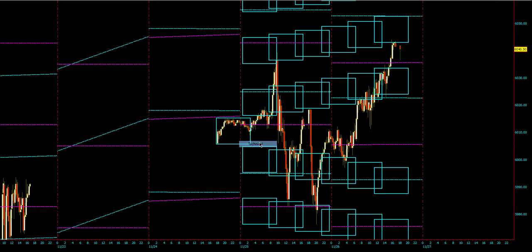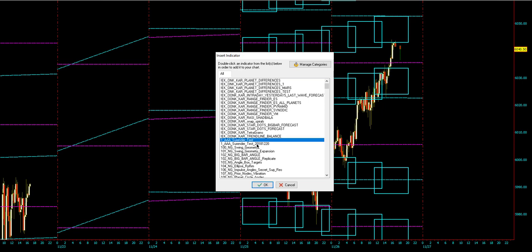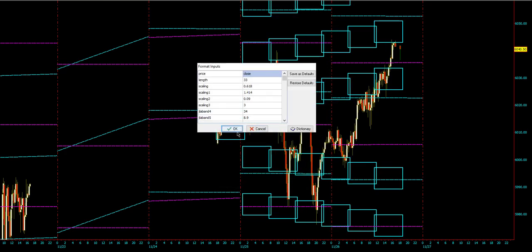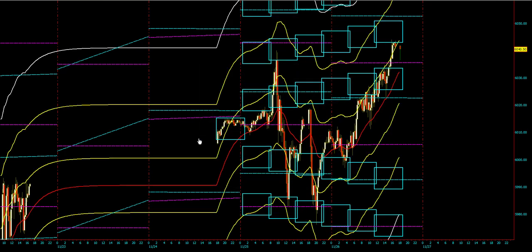Okay. What else can we add to this? Well, simple. We added power bands. So now what do we have?